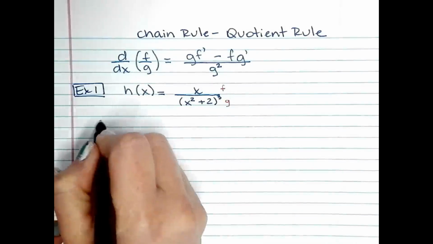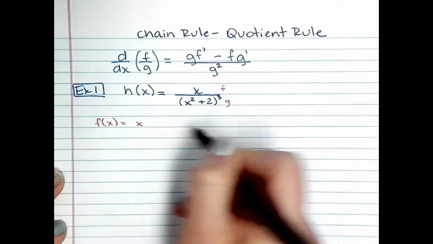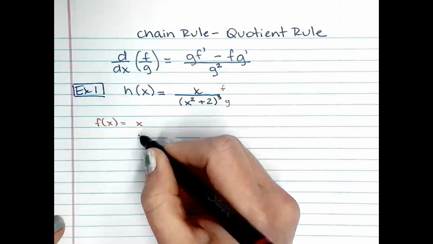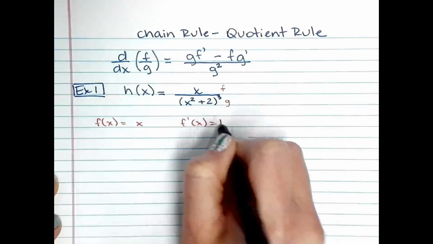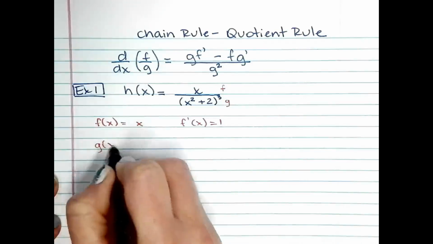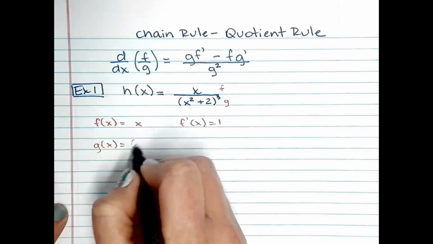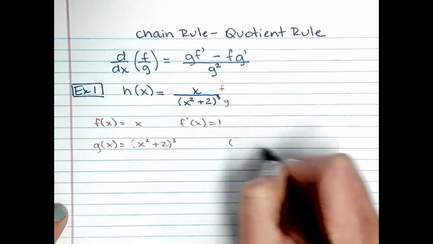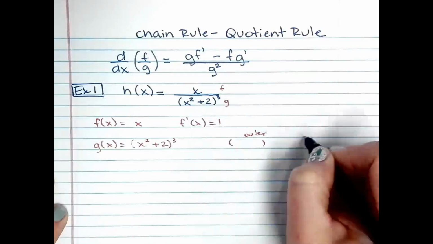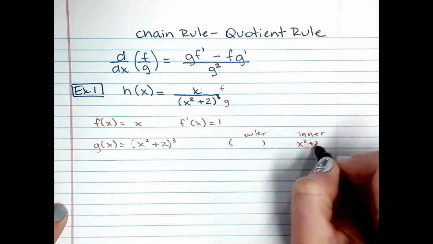Okay, so function f of x right there is just x. So when you find the derivative of that one, you simply get 1. Now, the g of x in the denominator, I will do the outer function and the inner function, which is x squared plus 2.